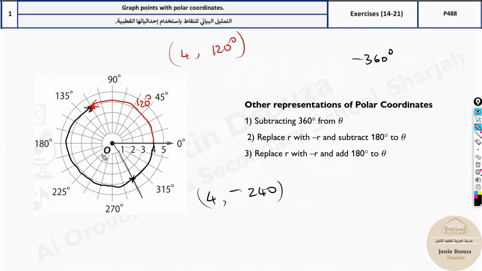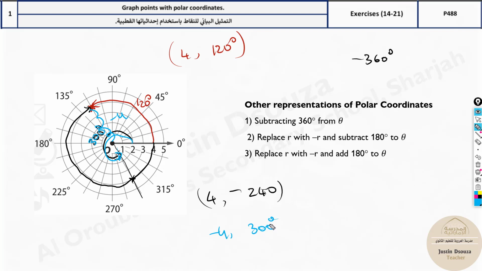This is 300, right? I'm just counting. So this is 300 degrees. So if you do 300 degrees from here and then trace back 1, 2, 3, 4, you will reach the same point. So let us change the color for this. It will be 300 degrees. Okay, that's 300. And then you're going 1, 2, 3, 4, minus 4, not plus. So minus 4, 300 degrees is a possibility as well.